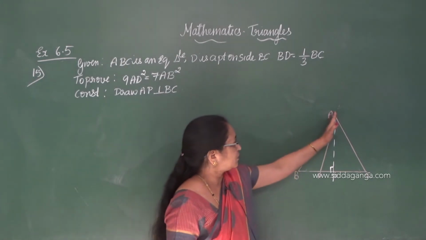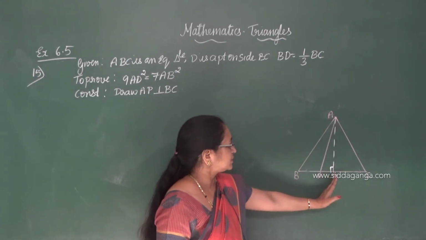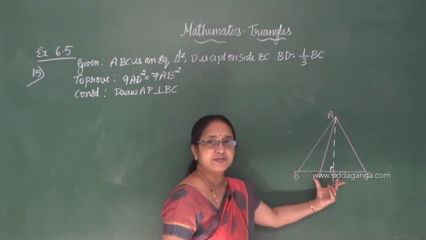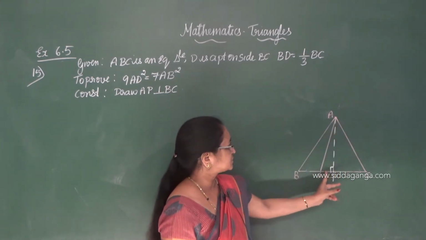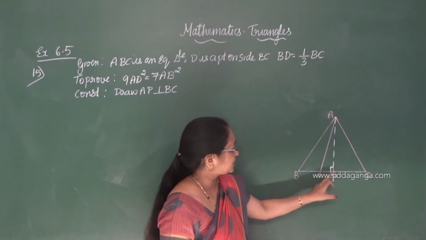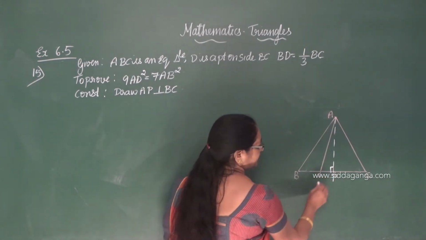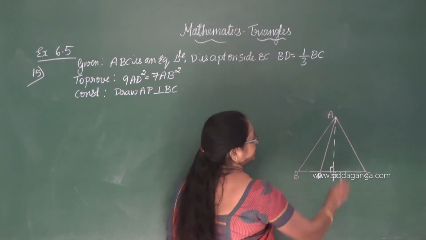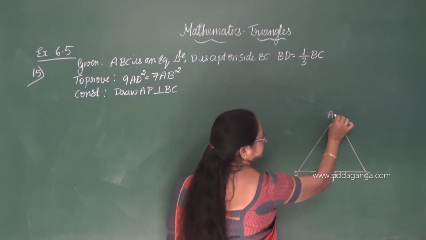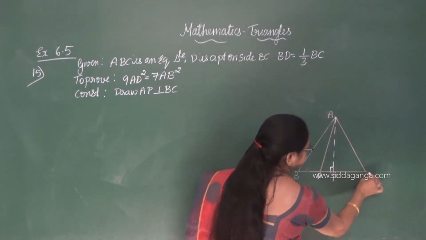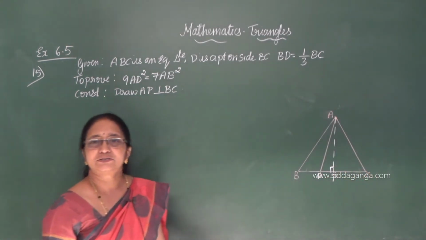When I draw the perpendicular to BC, AP is the perpendicular to BC, so we have right angle triangles: one is APD, this is D, and right angle triangle APB and also APC.